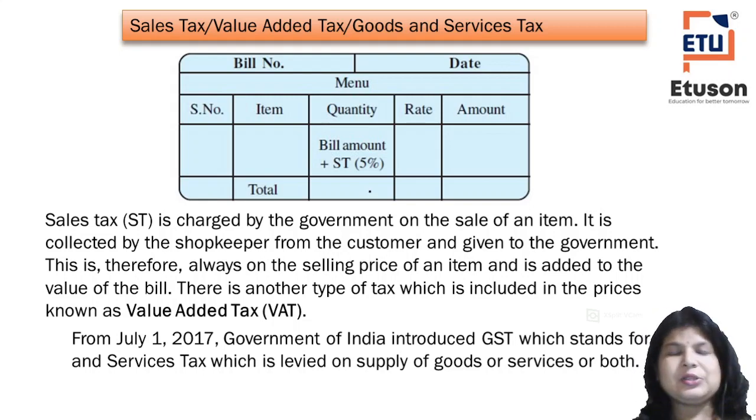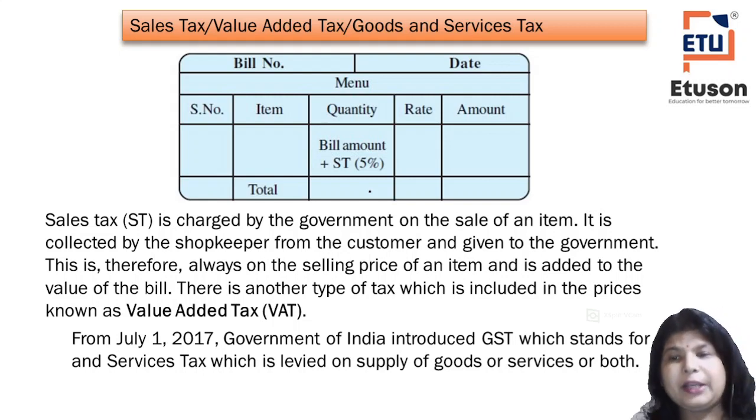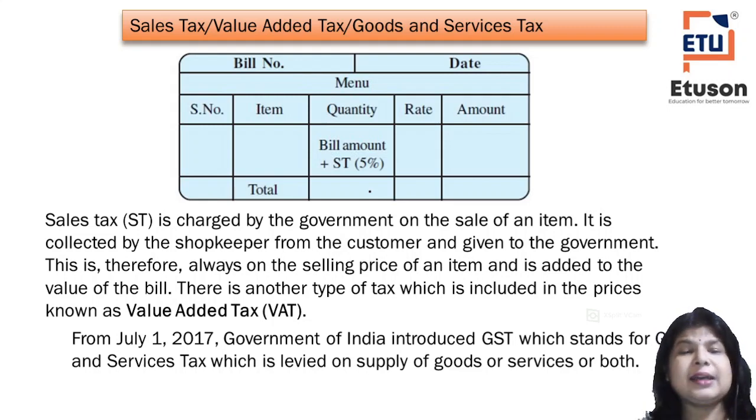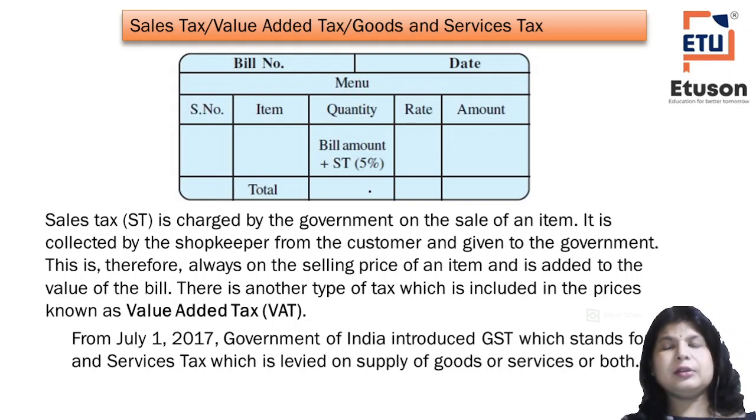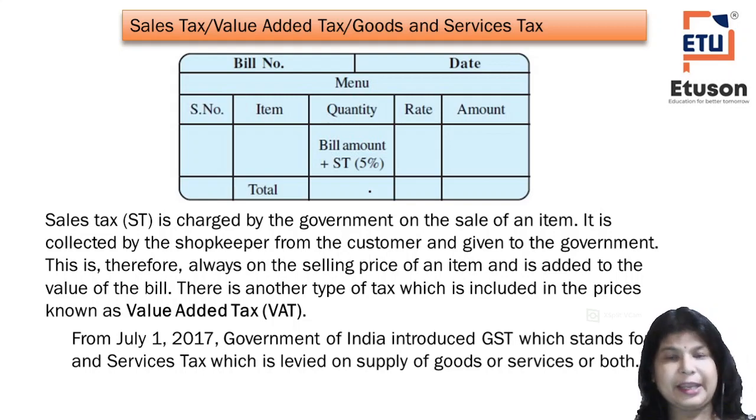Okay children, so what is sale tax? Sale tax is charged by the government on the sale of an item. It is collected by the shopkeeper from the customer and given to the government. This is therefore always on the selling price of an item and is added to the value of the bill.